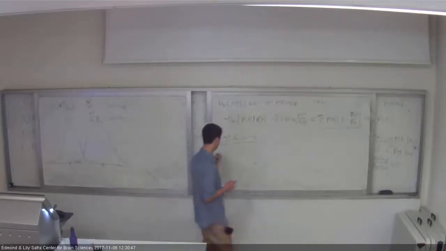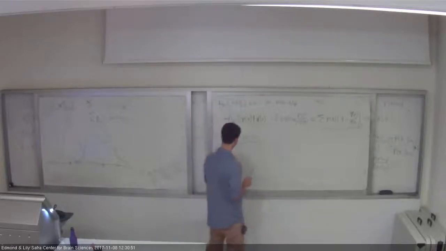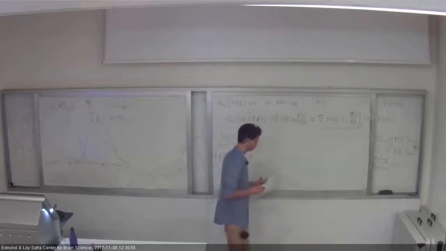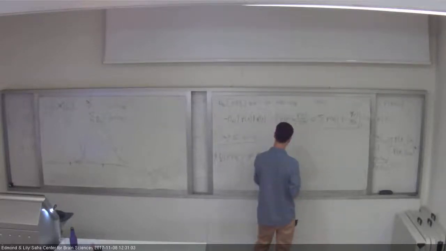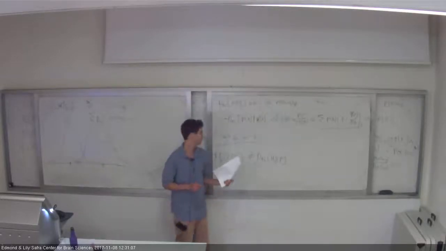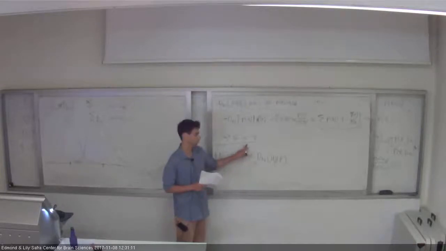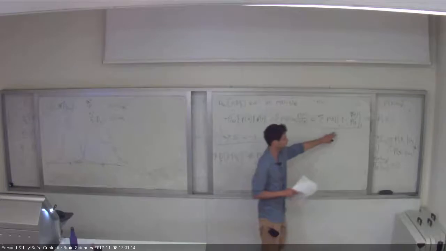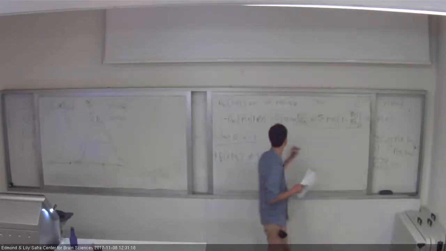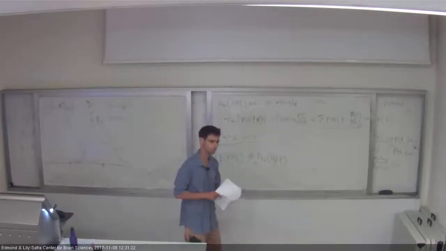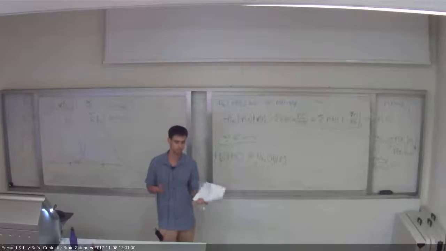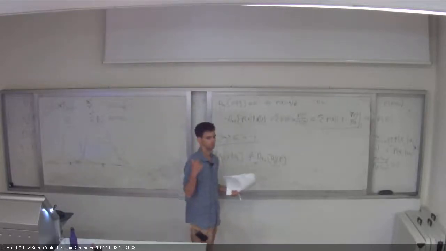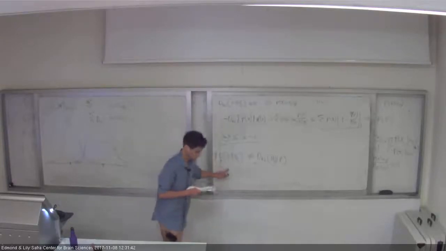So the DKL of P and Q is in general not equal to the DKL between Q and P. So the first property is that it's non-negative, and it's not symmetric.